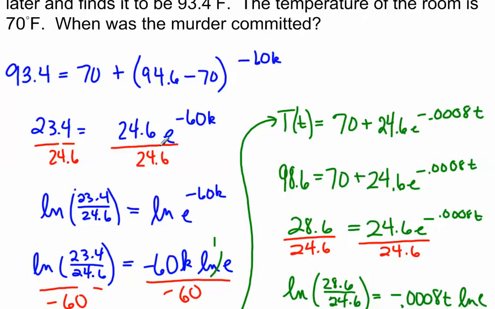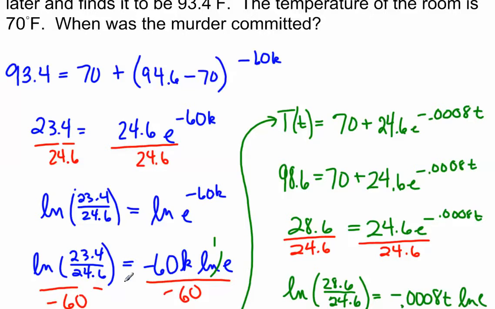Now what we have here is a nice exponential equation, so we need to isolate this e part by dividing away the coefficient of 24.6 on both sides. Don't worry about simplifying this, don't try to round it or anything, just leave that messy fraction. We're going to take the natural log on both sides, and we take that natural log because then we can take the power rule and take the exponent and put it in the front.